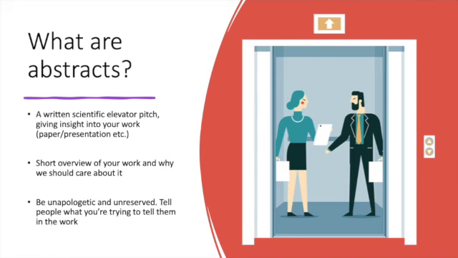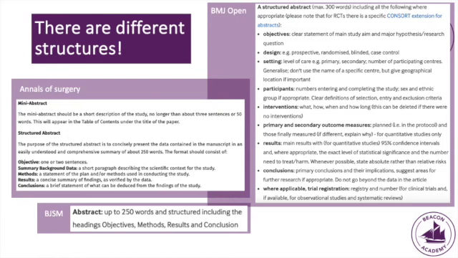If we then look at the structure of an abstract, for some people who are probably unfamiliar, these can all change. So I've given 3 examples here, which I've collected from 2023, when they've been most accurate. So BMJ Open, you can see, is a structured abstract. It's 300 words, and it gives you very clear headlines for what you should be writing in your abstract: objective, design, setting, participants, interventions, and so on.